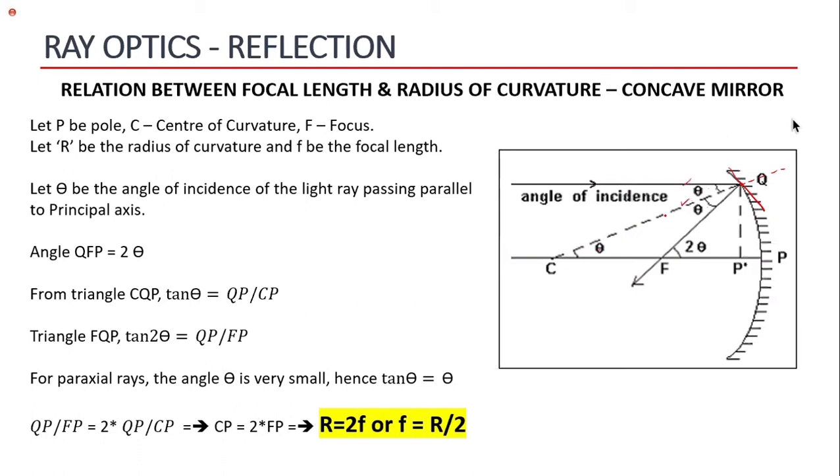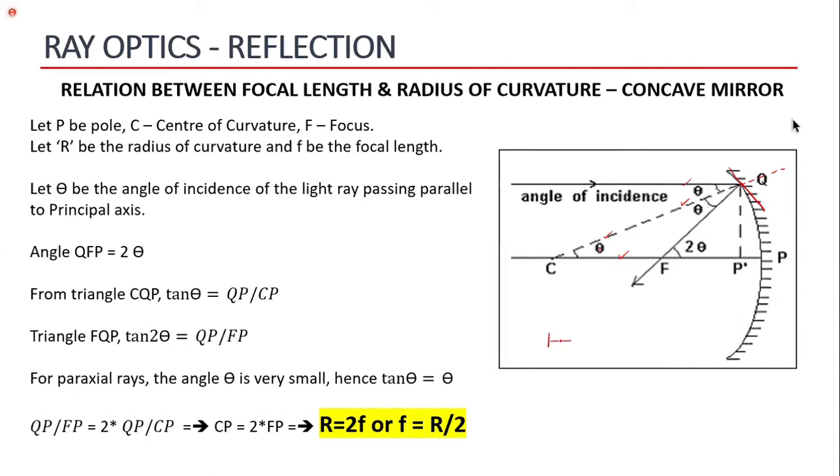This line with this line makes an angle theta, right? The same line and parallel lines, so this is an angle theta, right? Now what I'm telling is, I need a relation between radius of curvature and focal length, right?